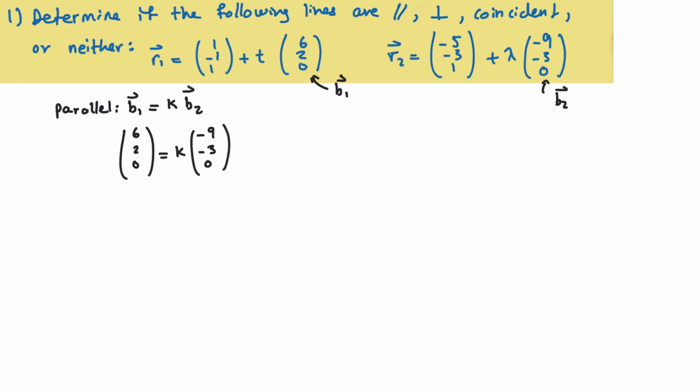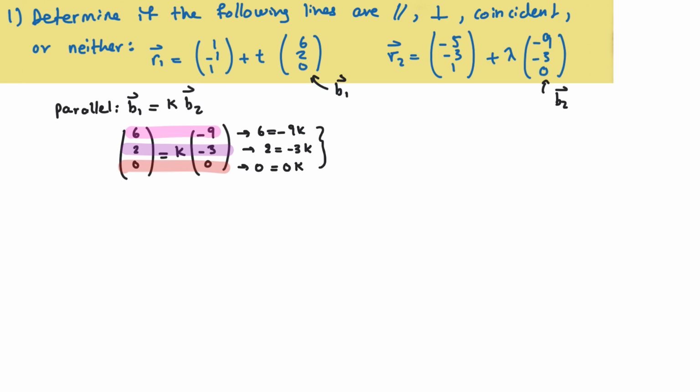Now we're going to take all the x, y, and z components, and we are going to test to see what the k value is for each one. So for the first one, we have 6 is equal to -9k. For the next one, we have 2 is equal to -3 times k. And for the last one, we have 0 is equal to 0 times k.